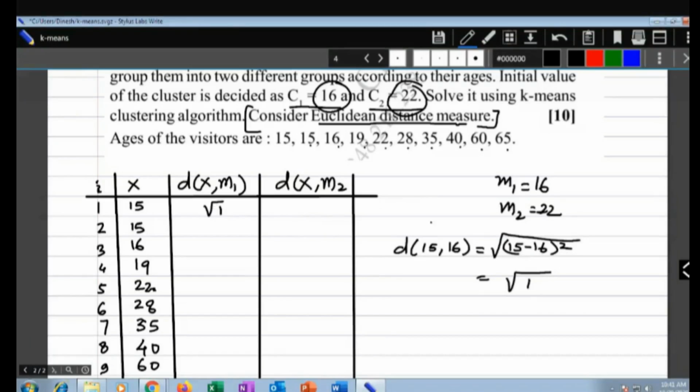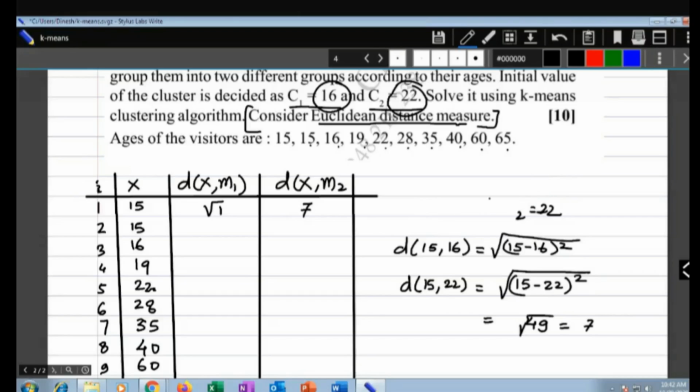Like that, the distance of 15 with 22 will be 15 minus 22, whole square, and then under root. Minus 7 squared is 49, and the root of it is 7. And like that you go on finding these.